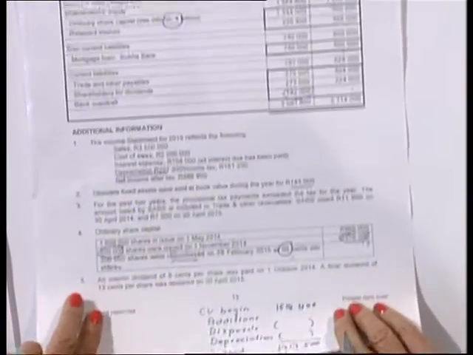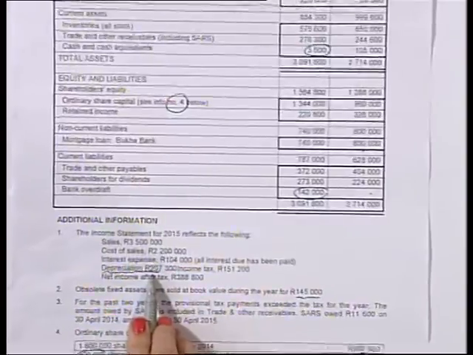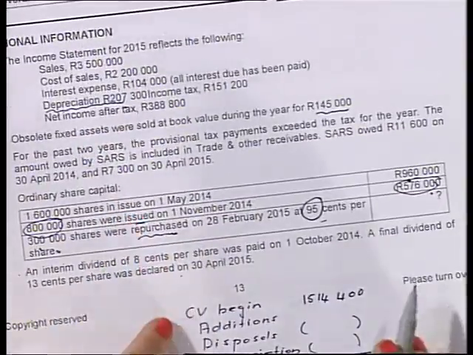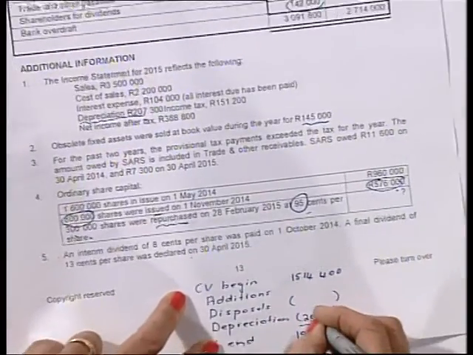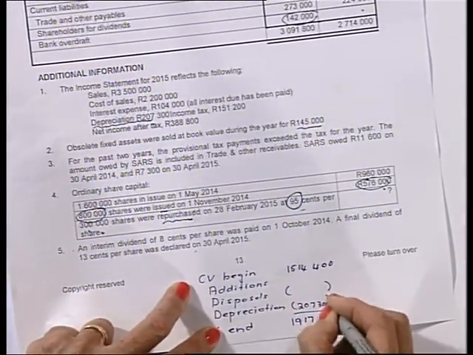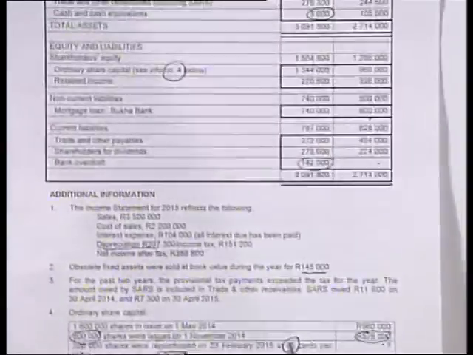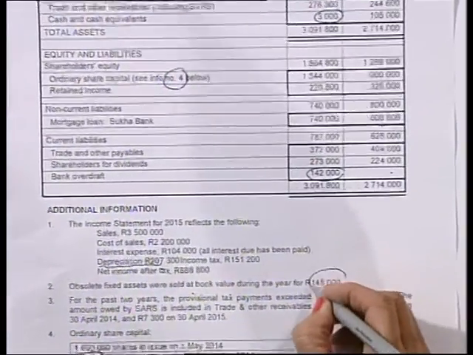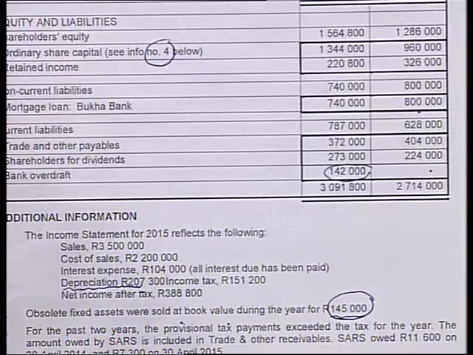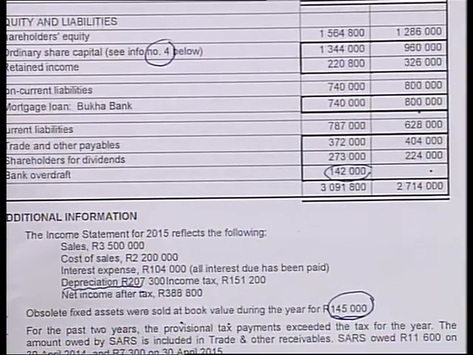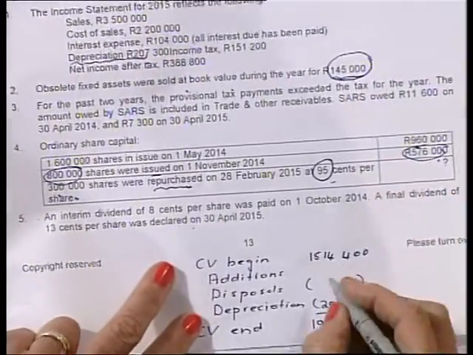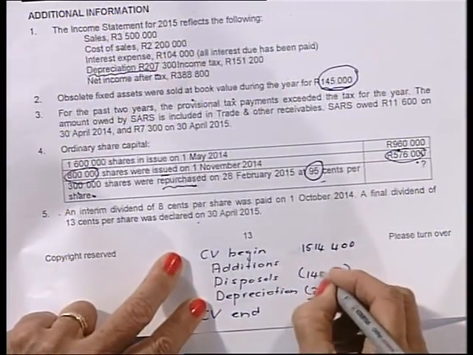They've told us our depreciation was 207,300. So you put in depreciation 207,300, and they've told us we have sold fixed assets at book value and we have received 145,000. So our fixed assets has decreased by 145,000. And I put in my disposals.